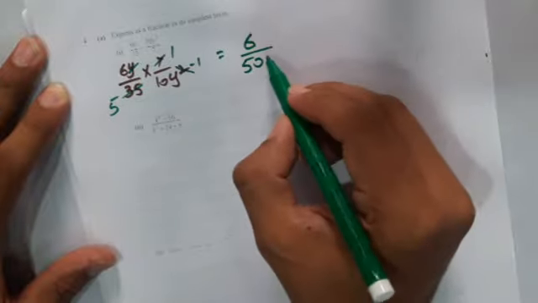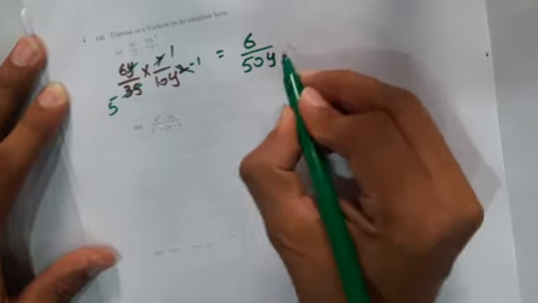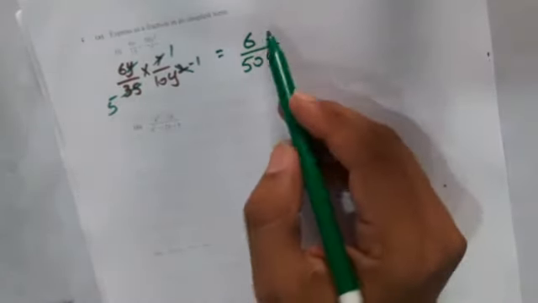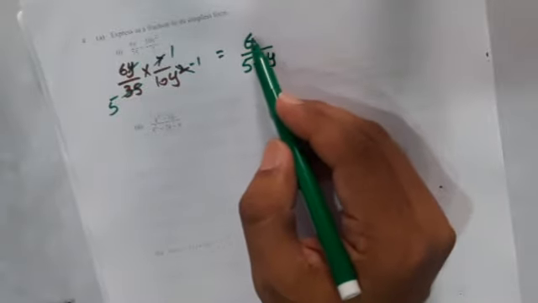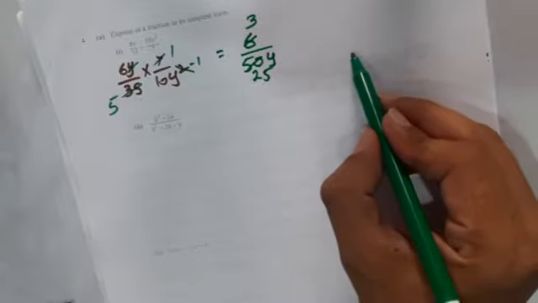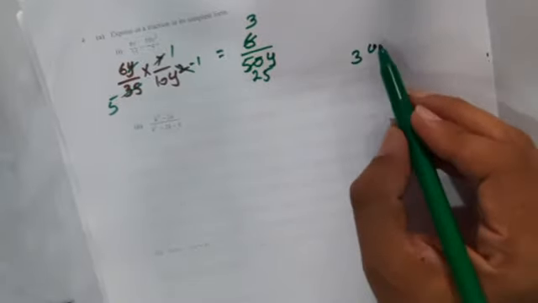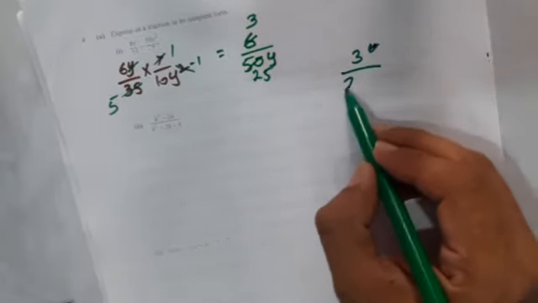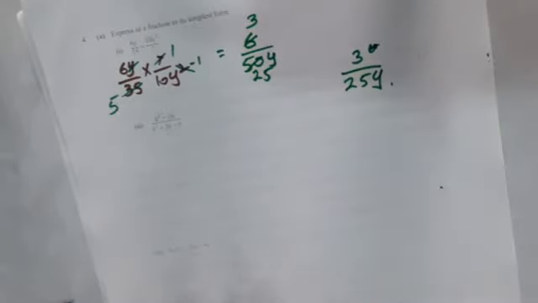So we don't need to write y to the power 1. 6 over 50, you can further simplify it by 2: 3 twos are 6, 25 twos are 50. So the final answer is 3 over 25y.